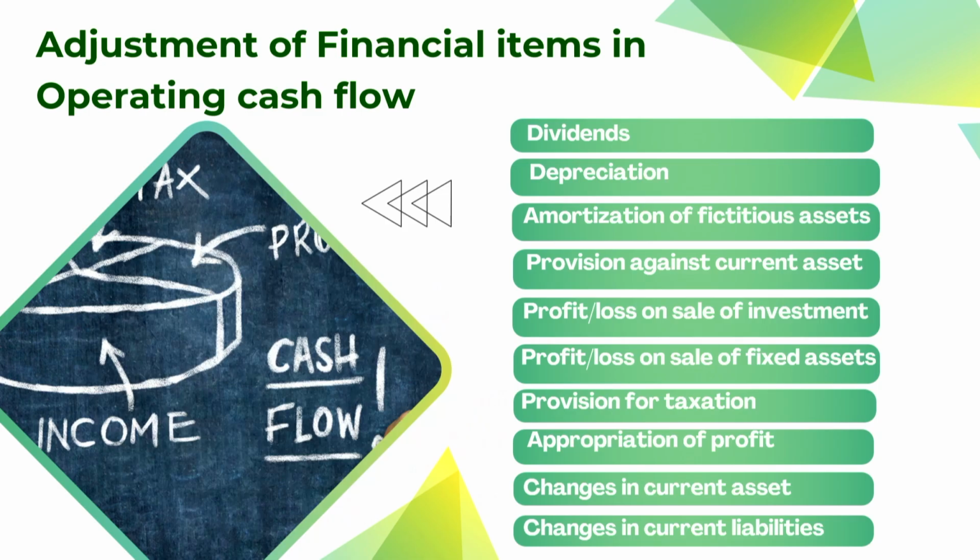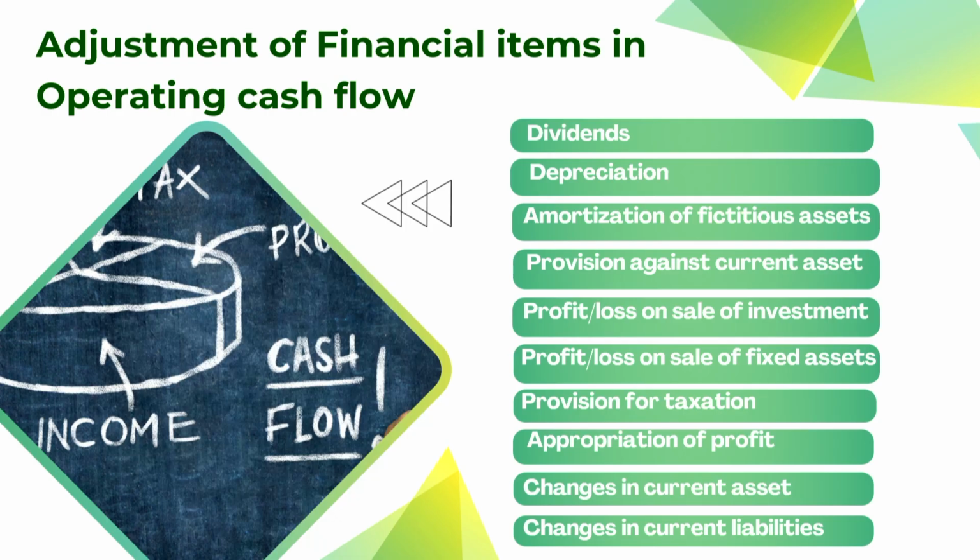So, we are there to add back all these items like amortization of fictitious assets. Say for example, the patent in the balance sheet previous year was 50,000 and in the current year it has gone down to 30,000. So, obviously 20,000 of patent has been amortized during the financial year, but that is again a book treatment and it does not lead to any flow of cash.